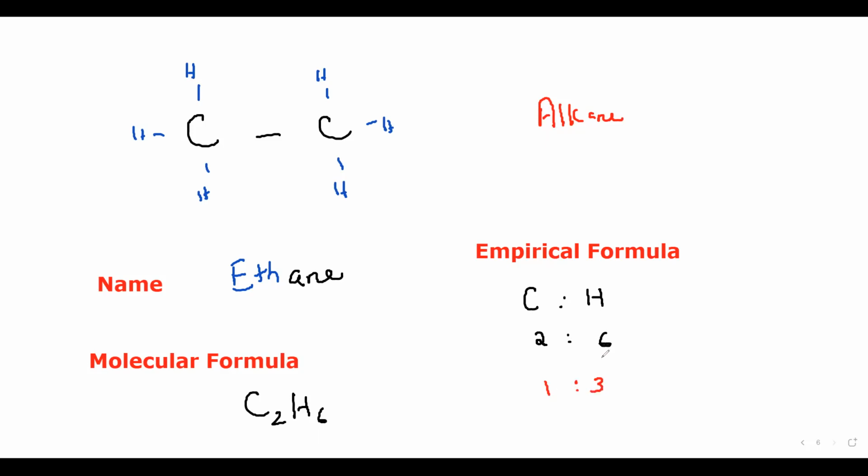So it means it contains 1 carbon atom and 3 hydrogen in the simplest ratio. So the empirical formula is C1 or CH3. So that's how we work out the empirical formula of the compound, by taking a simplest ratio between the atoms which are present in the structure.